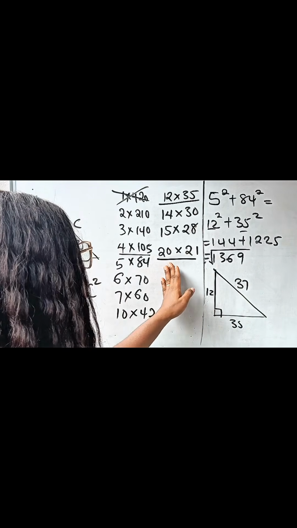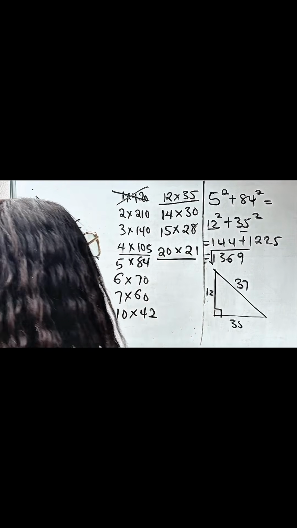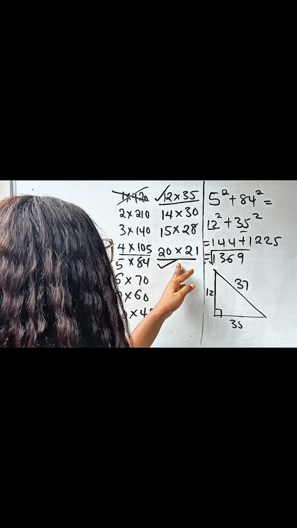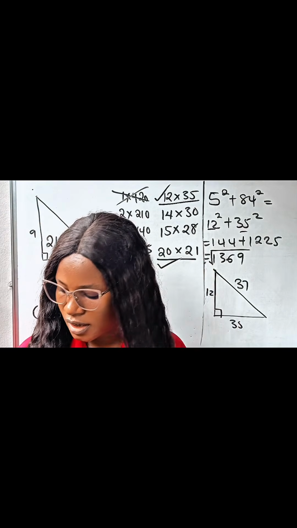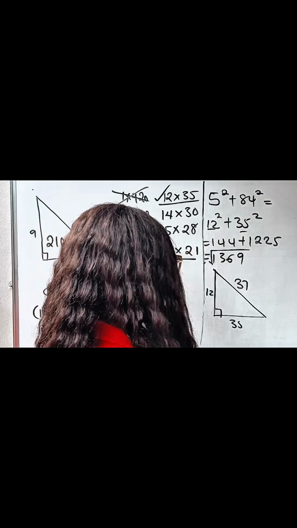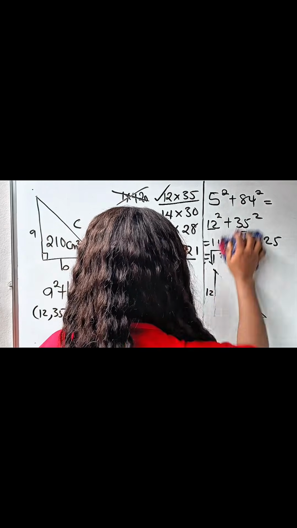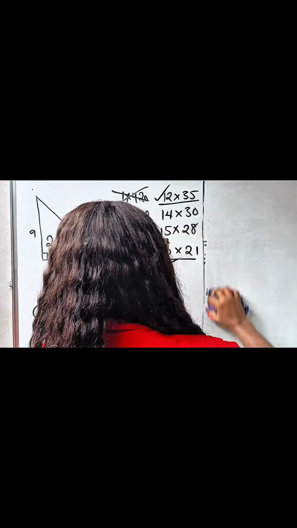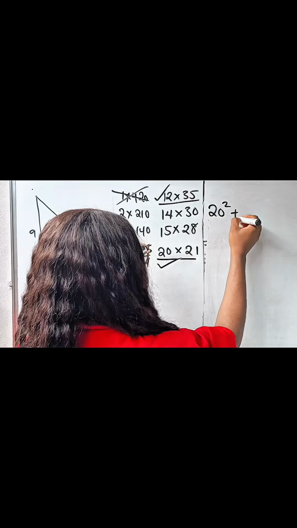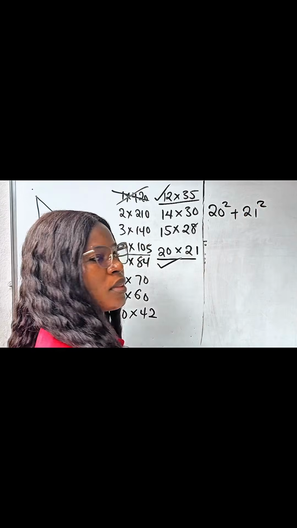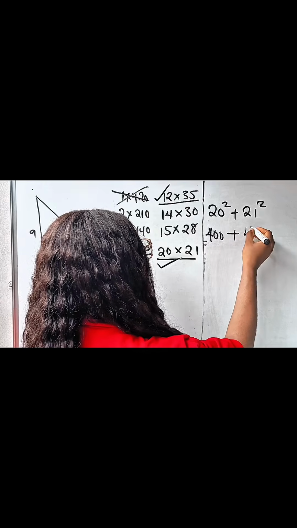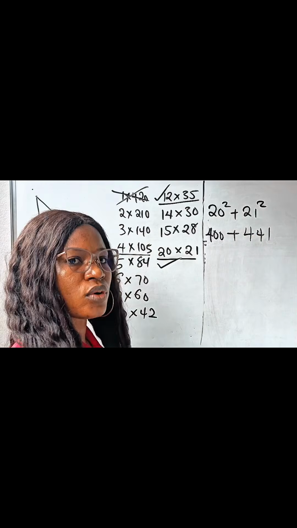So we have gotten this. Now let's check the next one. Like I said, I already know the ones that will give us our answers. So we are going to get the next triangle. If we use 20 and 21, we have 20 squared plus 21 squared. 20 squared is 400, 21 squared is 441.